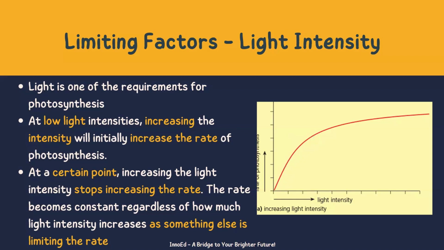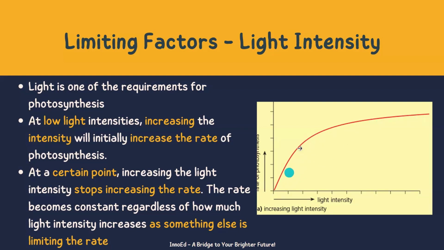Because at that point, regardless of how much light we give, since other requirements for photosynthesis are not enough anymore, such as carbon dioxide, the rate of photosynthesis will not increase as much as before.